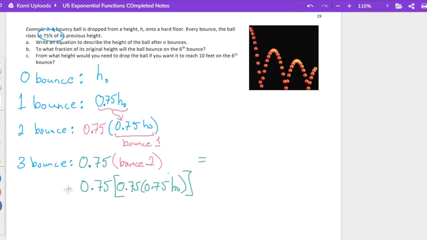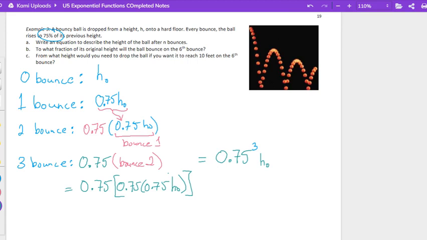So instead of saying 0.75 times 0.75 times 0.75 for bounce 3, it's 0.75 to the power of what? 1, 2, 3, times h naught. Do you see? Every time I multiply by 0.75, I'm just adding an exponent.